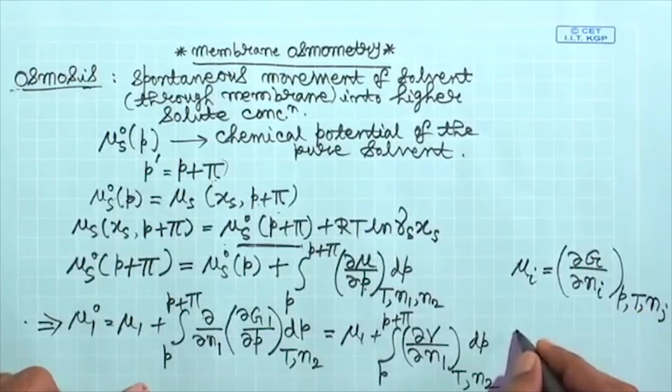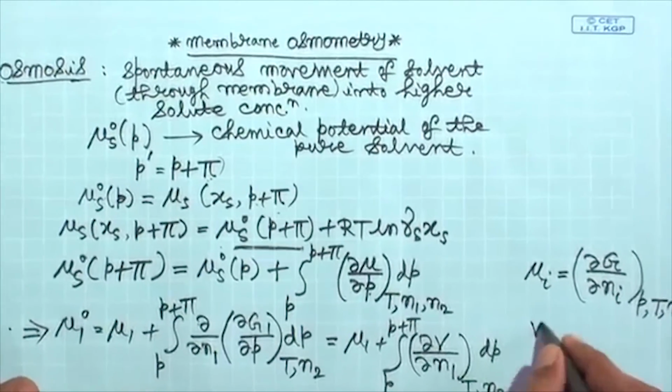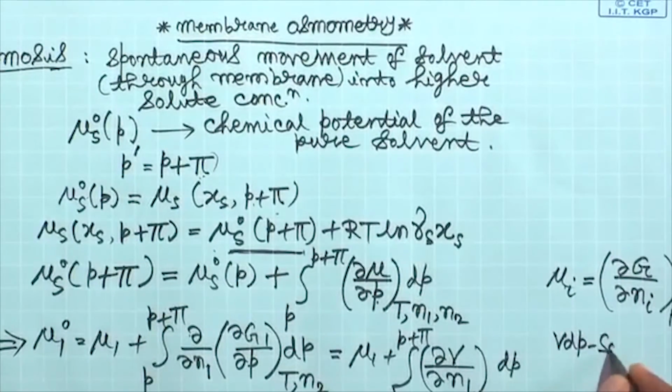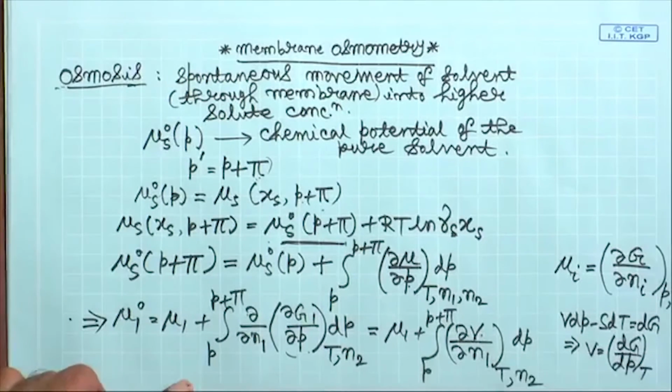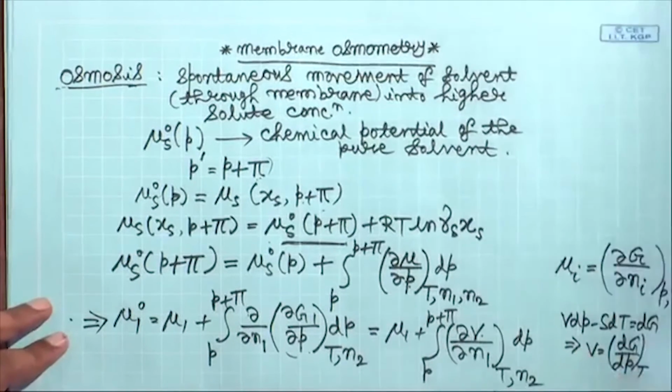From thermodynamics we know there is a relation V dP minus S dT equals dG. So from here your V is dG dP at constant T. So dG dP you are expressing as V, and that becomes del V del n 1 at T and n 2.